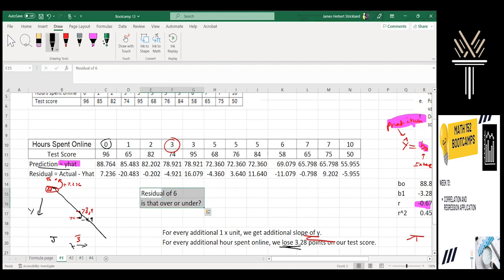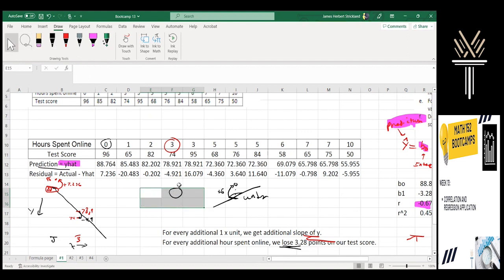So you need to know that if we have a line, whatever that location is, you would need to add or go up 6 places to get to the data point. Meaning that the line is underneath that data point. And so a positive 6 would be an under prediction, because you have to add 6 to get to the real result. So, a longer story than it needed to be.